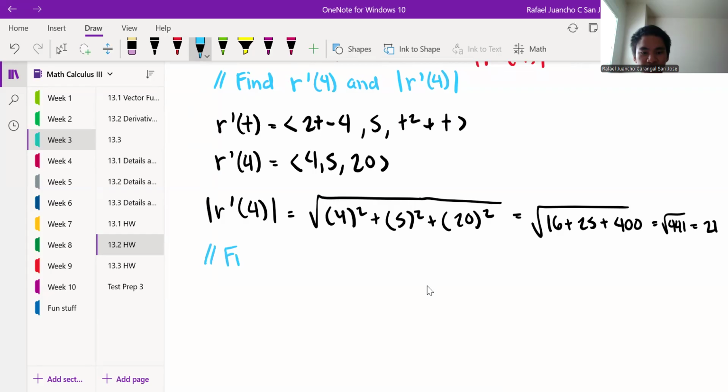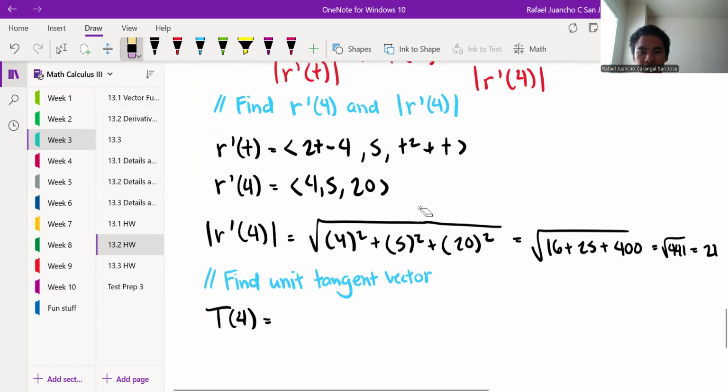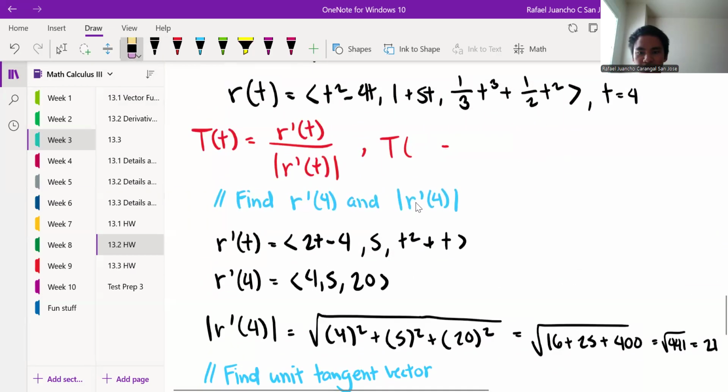And so now we can just find the unit tangent vector. So this is just T of 4, which is, actually I don't even need to do this. That's just the formula we have to use.